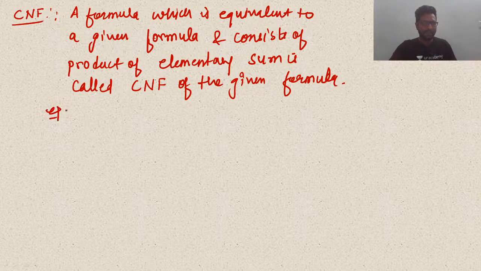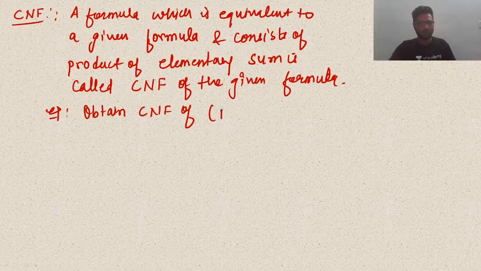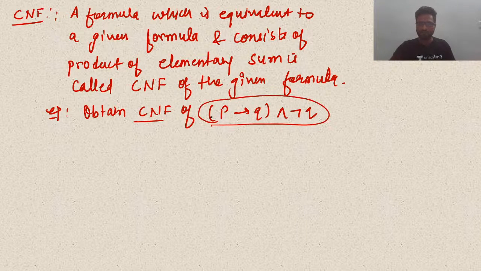For example, let us obtain the conjunctive normal form of the given formula P implies Q and negation Q. Whatever the CNF corresponding to this formula, it must be equivalent to this formula, but it must be a product of elementary sums.